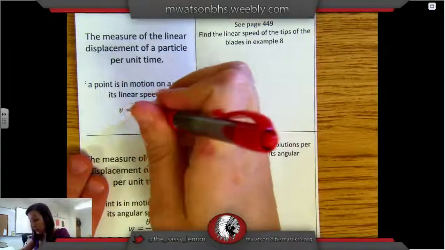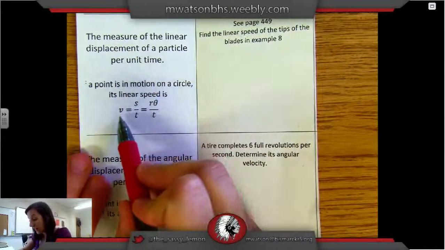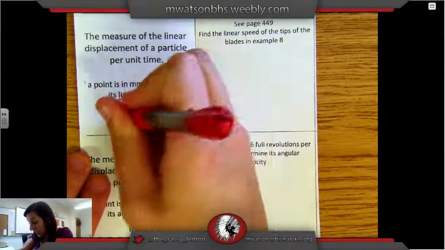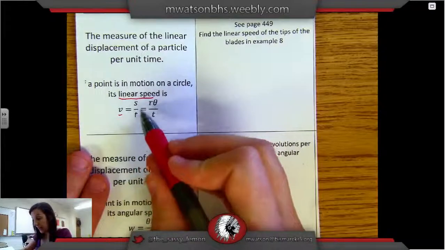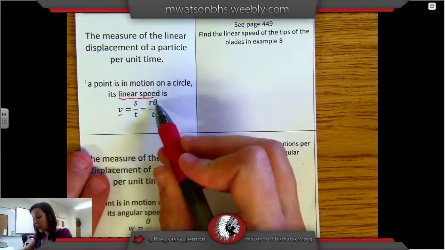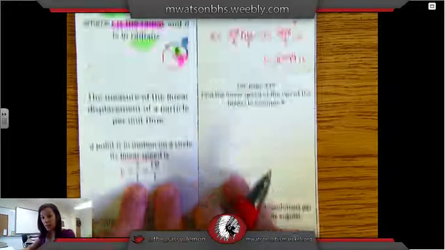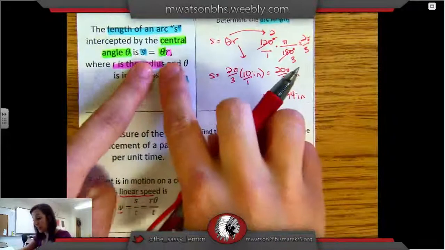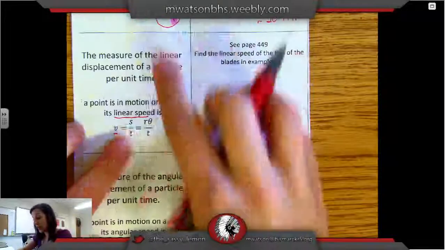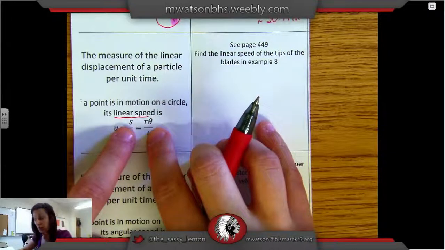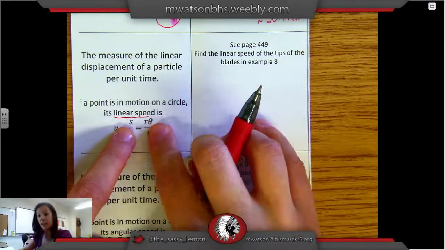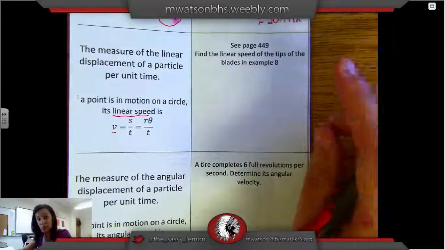Whenever you see multiple equal signs, that just means that the linear speed, which is v, is equal to s over t. It's also equal to r theta over t. The reason why both of these work is because look up here, s equals theta r. So could we just replace s in this formula with theta r? They're the same thing.